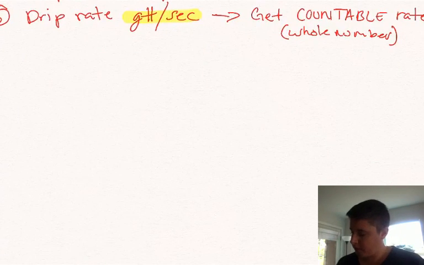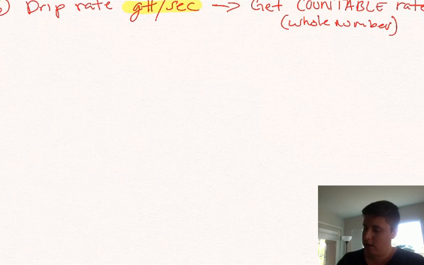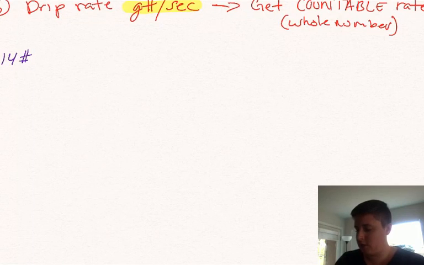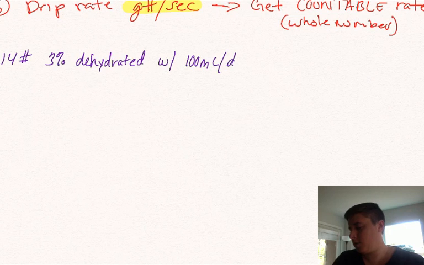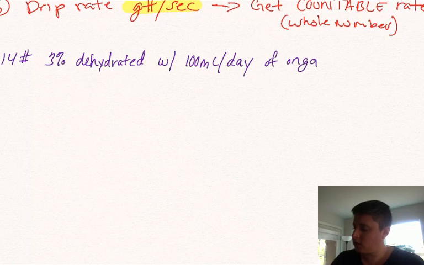Okay, so let's go ahead and work through the problem that was on the PowerPoint. So we had a 14-pound patient that was 3% dehydrated with 100 milliliters per day of ongoing losses.